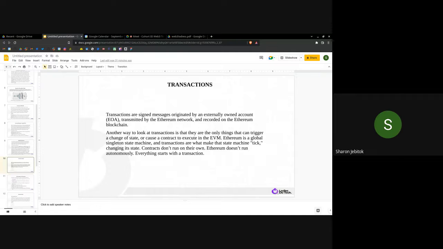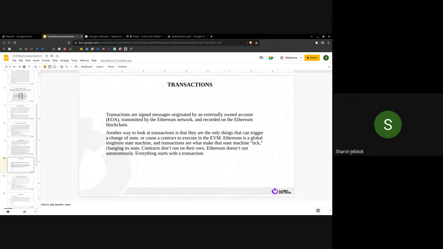For the smart contracts to be executed or to change the state of the EVM, transactions have to take place, or transactions have to trigger that in order for the smart contracts to influence the state of the EVM.